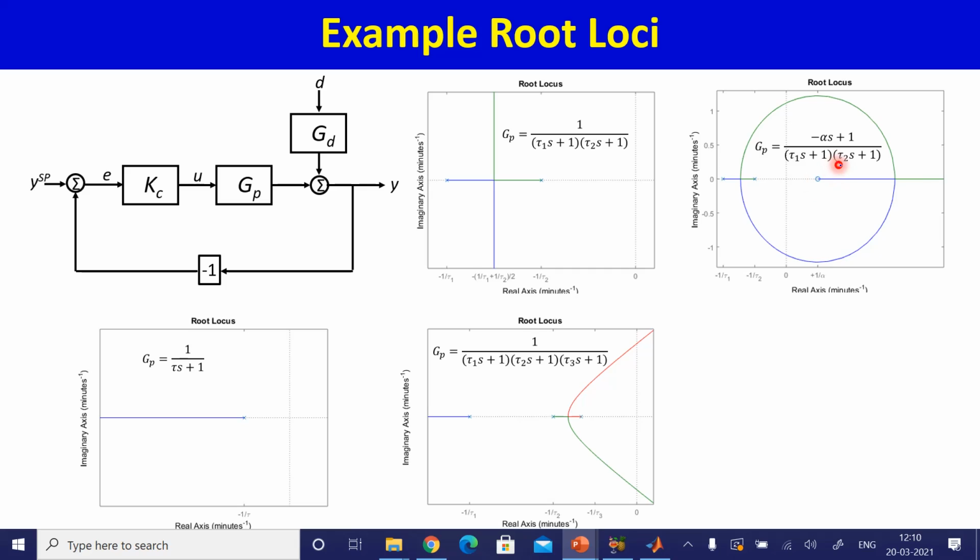So this is a net first order system, so the angle of the asymptote will be 0 degree. 0 degree means positive real axis. So that's your asymptote.